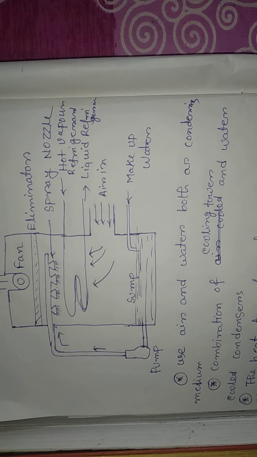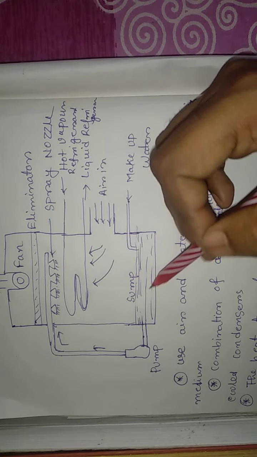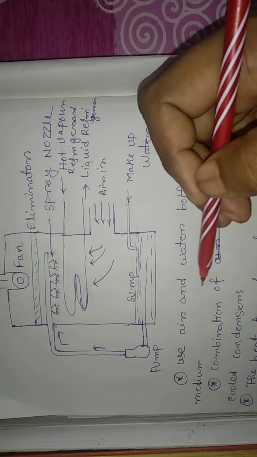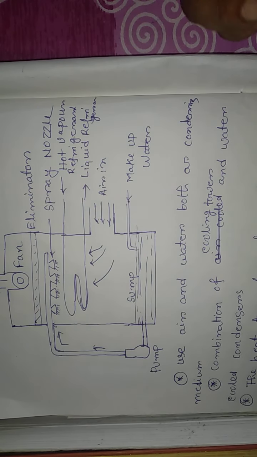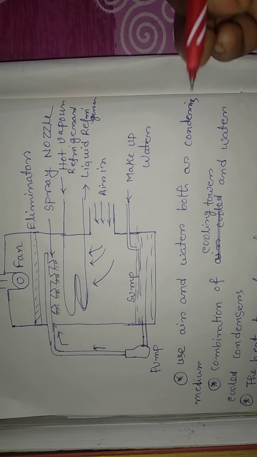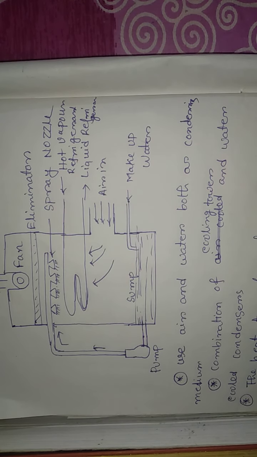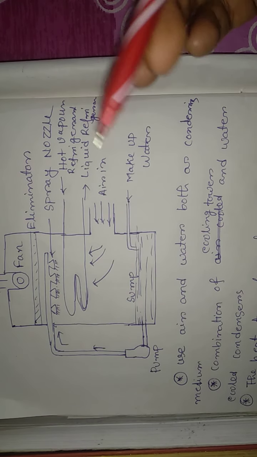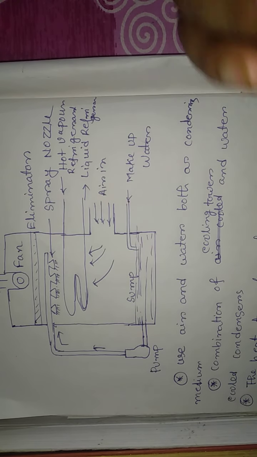There is some complexity as well as cost involved, but the efficiency is much higher than air cooled and water cooled condensers. The fundamental principle in this condenser is evaporation, by flowing normal air as well as water spray, so that evaporation takes place and the hot vapor refrigerant turns into liquid refrigerant.